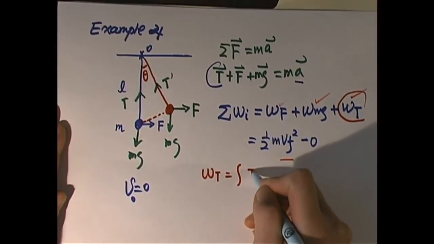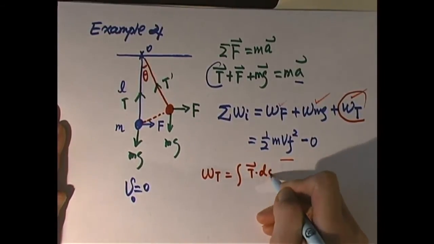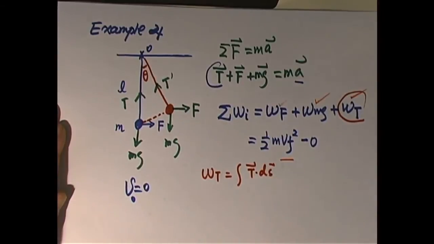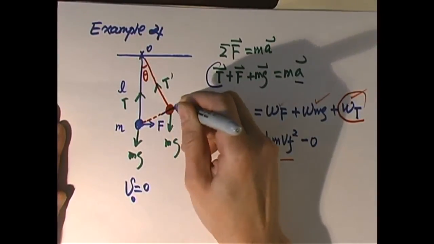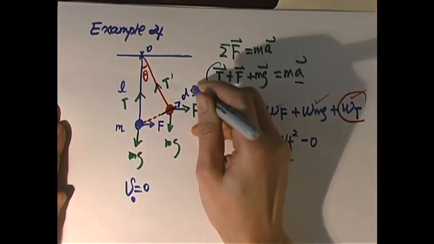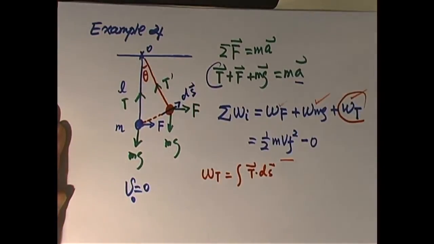Because, well, first of all, the direction changes. Magnitude we don't know, so it's a variable. So we have to follow the definition of variable force dot ds. But if you take a look, for the ball to move, ds has to be tangential. All the ds has to be tangential.